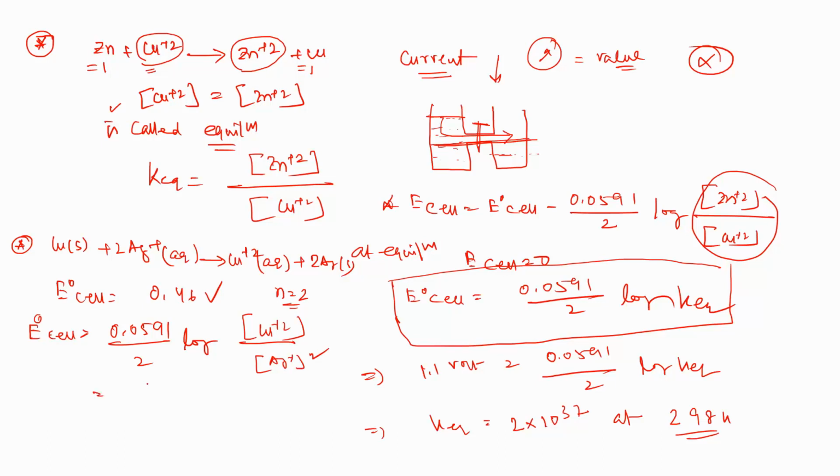So 0.059 by 2 into log K equilibrium, and this value will be 0.46. From that, if you calculate that equation, we will get K equilibrium equal to 3.92 into 10 to the power 15. So this is the equilibrium constant value for that case.